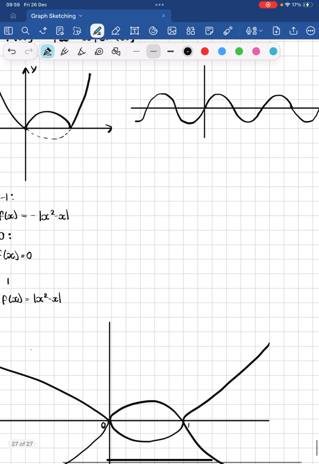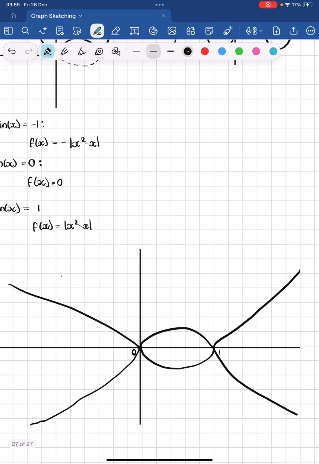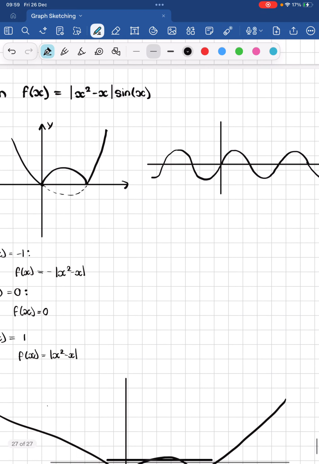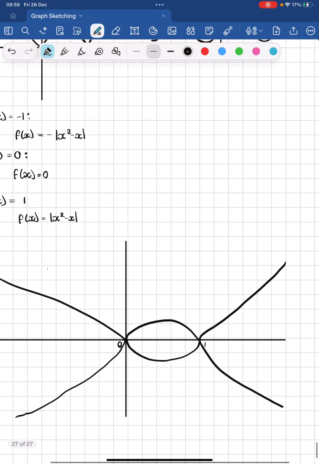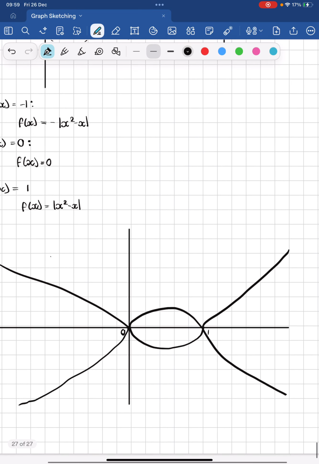Now let's assess how sine x acts when multiplying by this graph. So we start off right. Sine x from 0 onwards starts off increasing. So let's draw this in red.